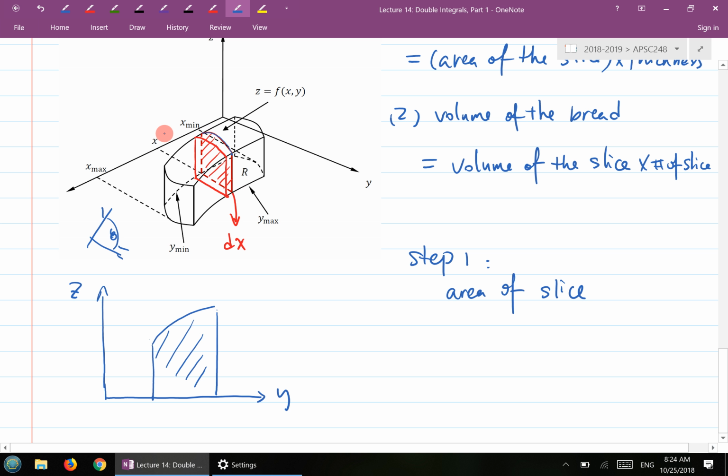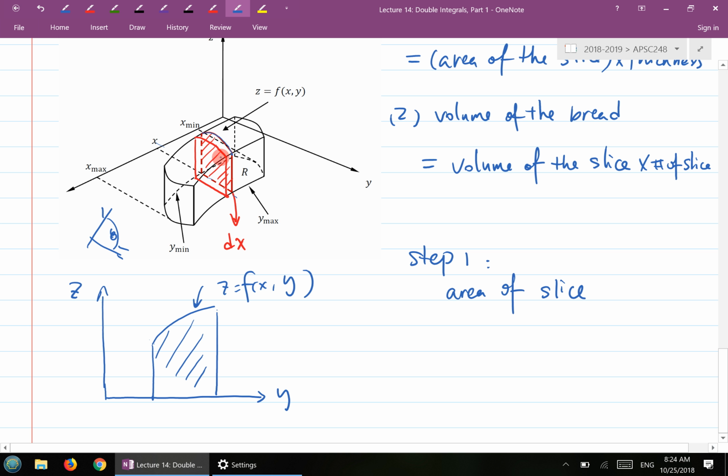As a constant, right? So if you go from here to here, they all have the same x value here. Okay, so basically at this location, it doesn't matter where you cut, you have a constant x here. So the top curve, even though this is a curve, you can label it as z equal to f of x, y, because this x here you consider as a constant.